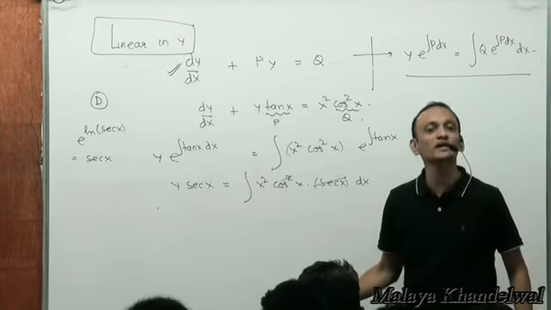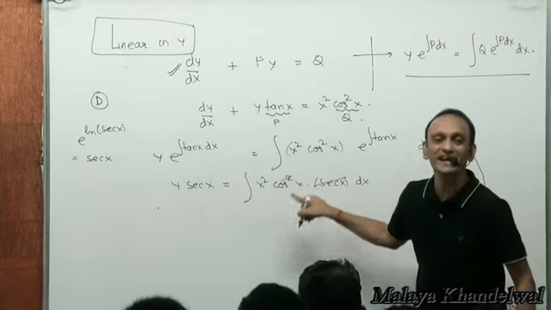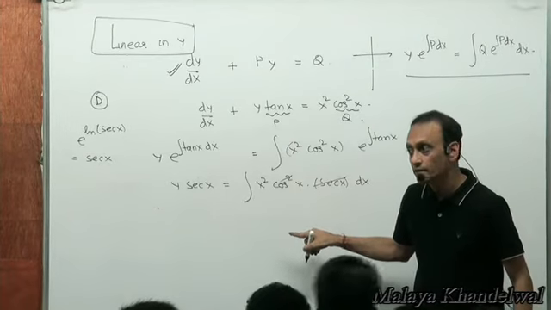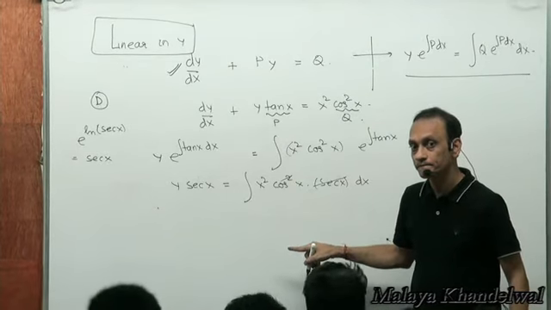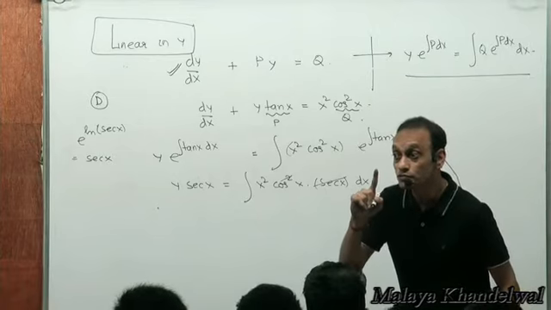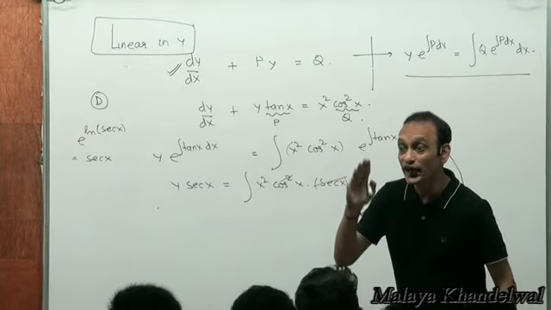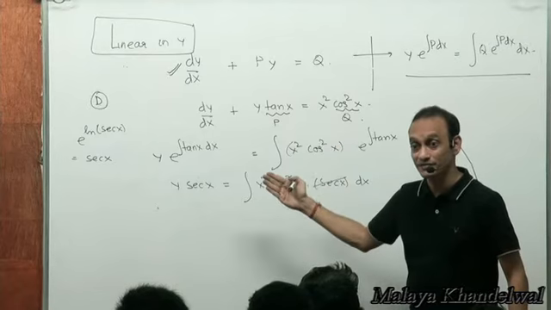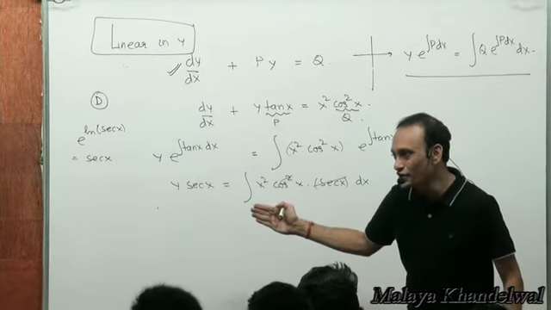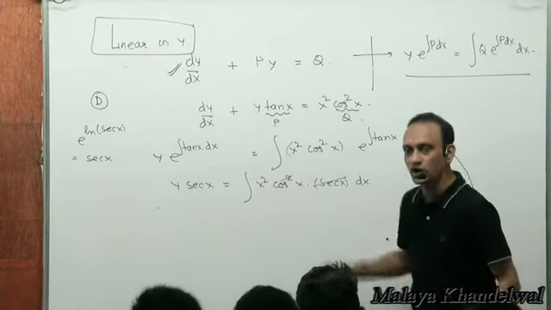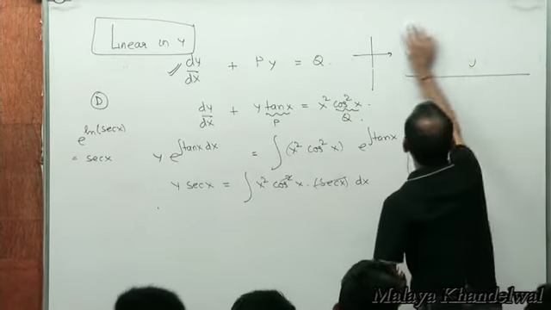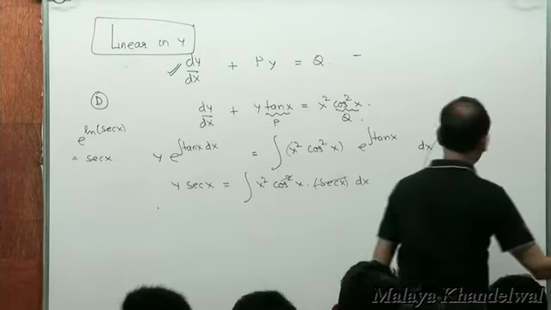By parts. x² cos x you can integrate by parts. You'll have to do by parts twice. x² will first reduce to x, and then x will reduce to 1. It will not happen in one shot. Do you realize it will not happen in one shot? x² cos x, you'll have to deploy integration by parts twice.